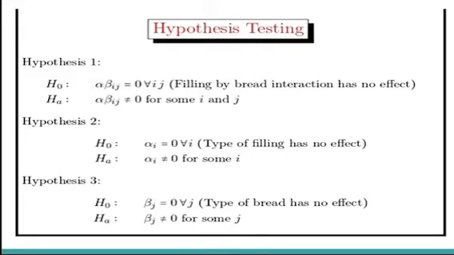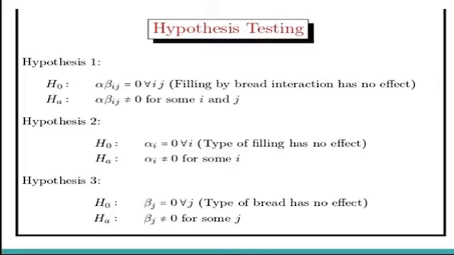But let me tell you this. If you look at the hypothesis on factor A, that is the only hypothesis we focus on when we're dealing with one-way ANOVA, where we're comparing how attractive the type of sandwiches is.